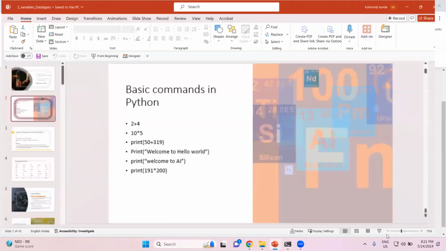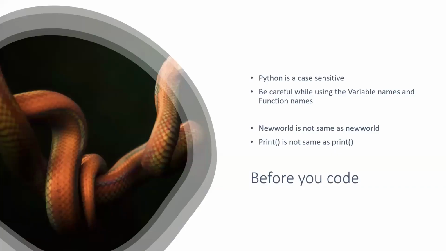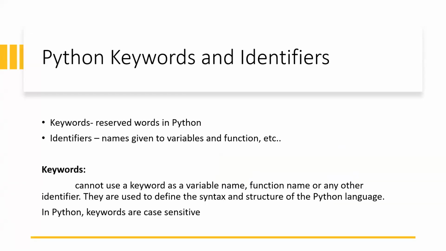Understood? Okay, let me move on. In the last slide, we were discussing variable names and functions. Before that, there is a concept called keywords. Some of the keywords are helping us, very, very important. Listen carefully.